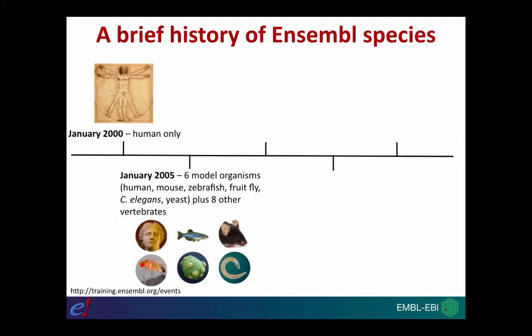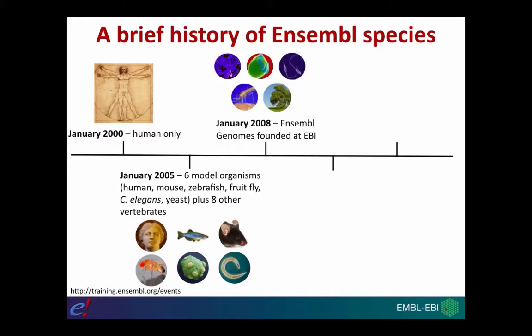By January 2005, we'd increased in size, including data from important model organisms. So as well as human, there were also the genome assemblies and annotation for mouse, zebrafish, fruit flies, C. elegans, the nematode worm, and yeast, Saccharomyces cerevisiae, as well as 8 other important vertebrate species. In January 2008, a separate sister project was launched called Ensembl Genomes.